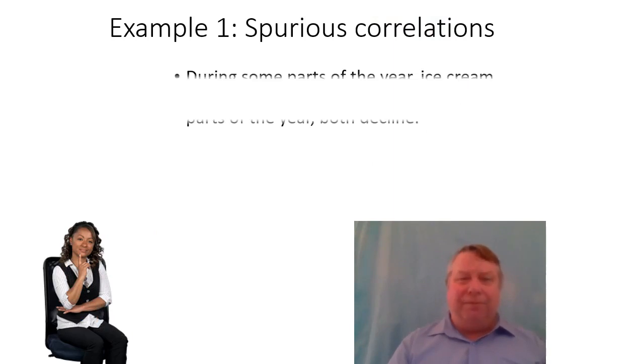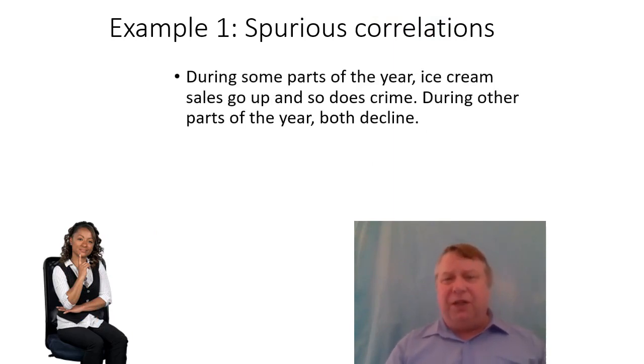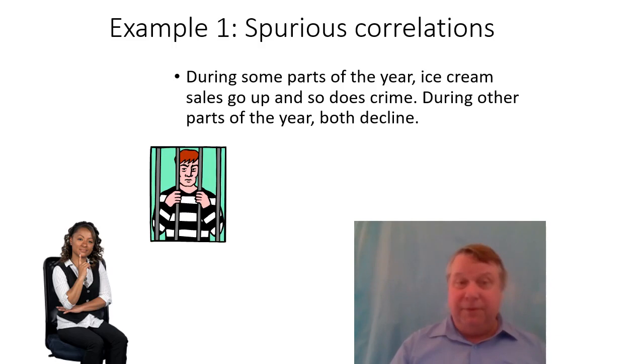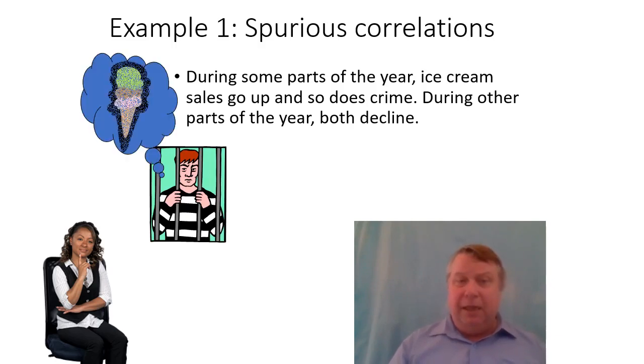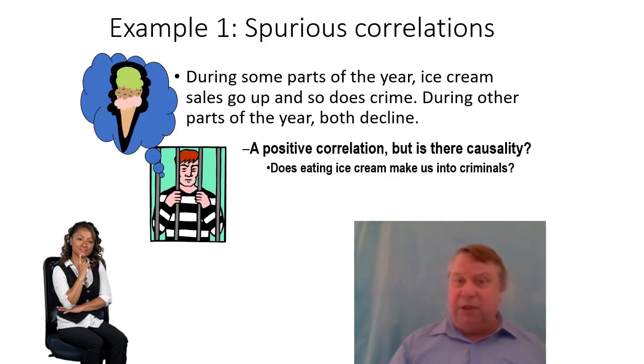Here's another example. During some parts of the year, ice cream sales go up, and so does crime. During other parts of the year, they both go down. So there seems to be a positive correlation between ice cream sales and crime, right? So does this mean that ice cream causes people to become criminals?